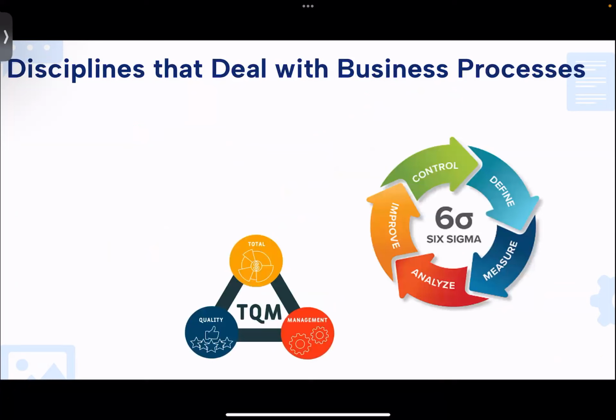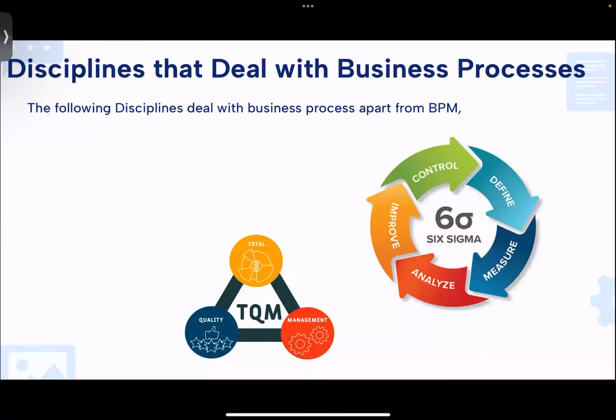Okay, so when you consider business processes, the analysis, the designing, and the improvement of business processes is not only related to business process management. There are some other fields that also discuss the improvement of business processes. For example, can you identify? In these pictures it says, for example, total quality management. They also focus on developing and improving business processes.